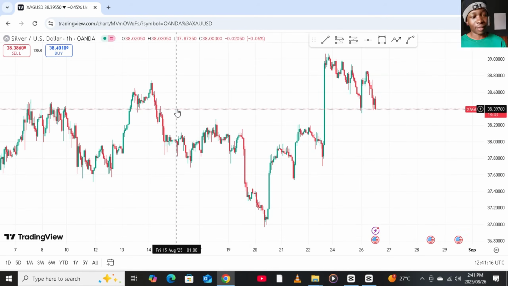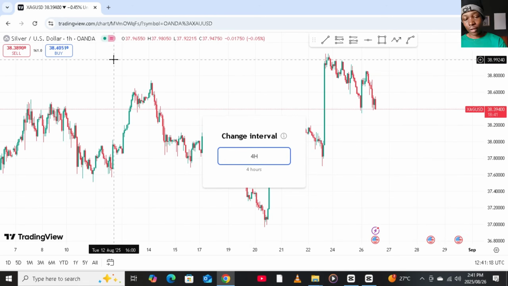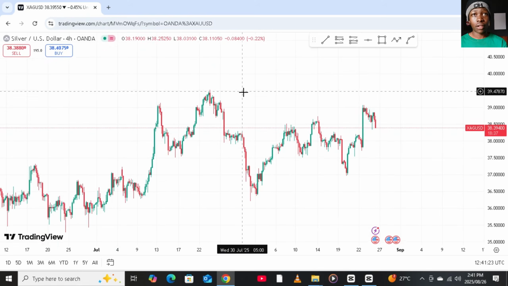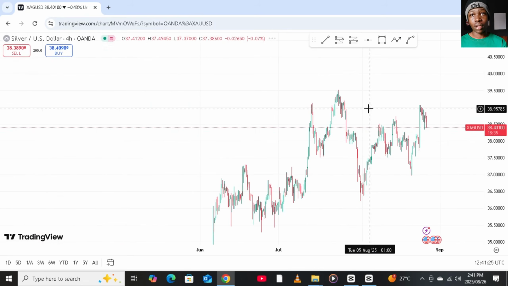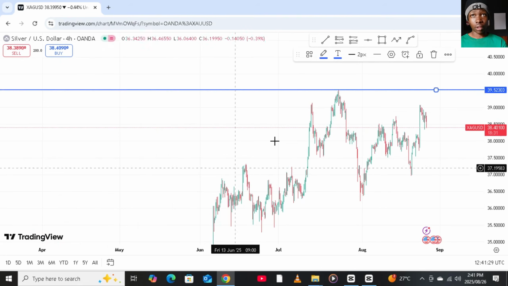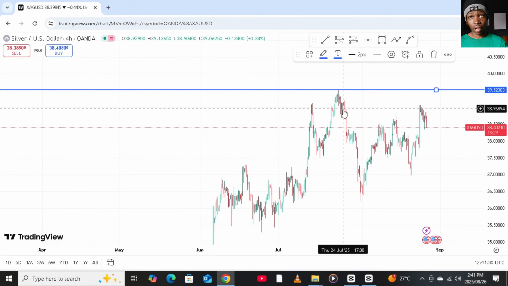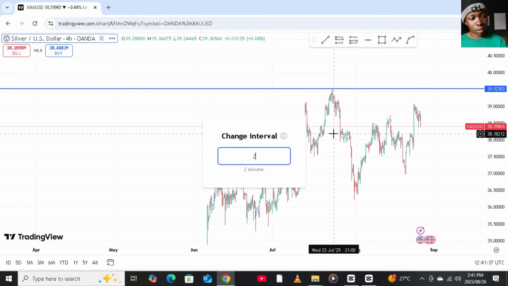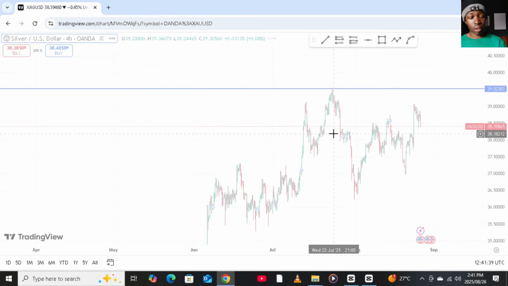But silver, hey, 4-hour time frame. Silver is selling. Is it our highest? Oh yeah, it is. So let's just draw a line right there, right? This is your current highest point. 24 hours.